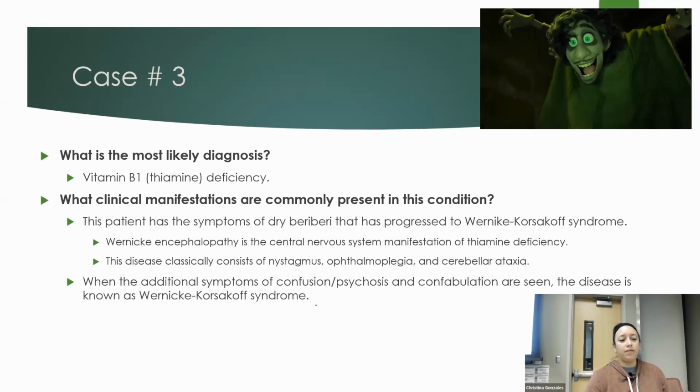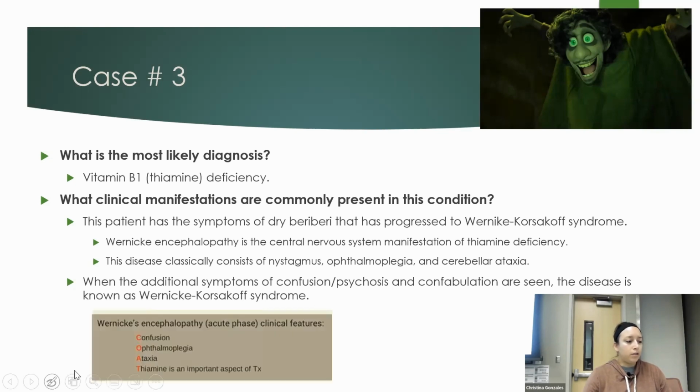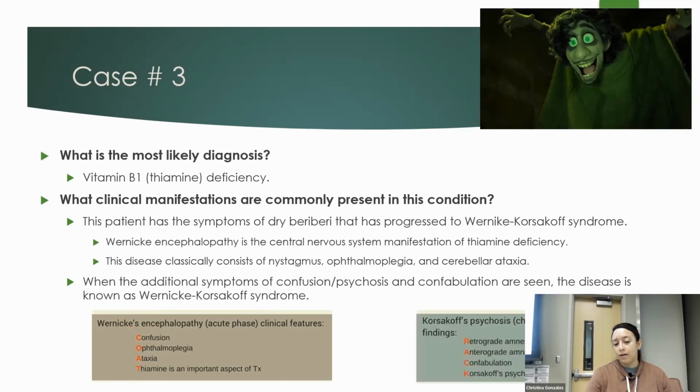And then the Korsakoff comes in when you have more of the confabulation and the retrograde and anterograde amnesia. So this is how I was taught to remember it. Coat rack. Coat would be Wernicke's: confusion, nystagmus and ataxia. Then for Korsakoff, I think of rack: retrograde, anterograde, and confabulation.